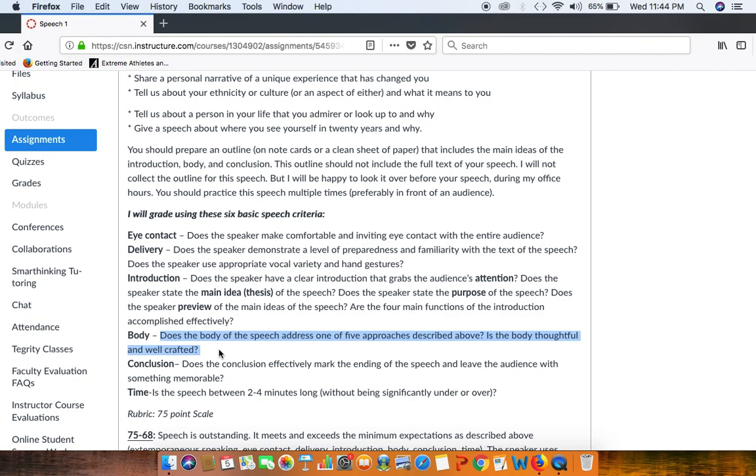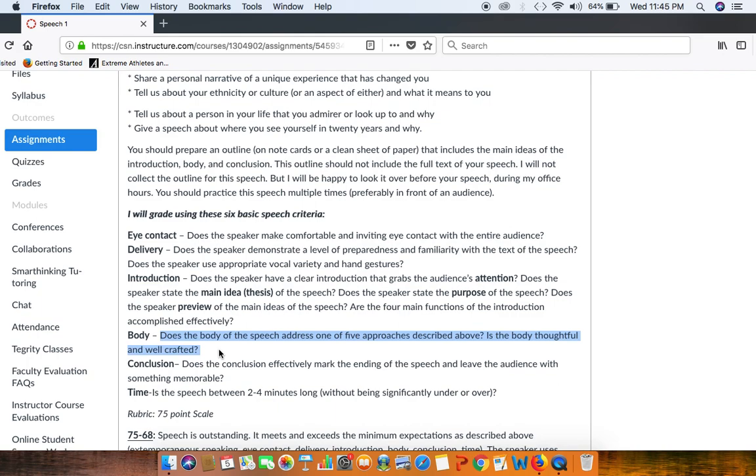This could also be sort of overtly organized. So, if I was talking about why I look up to someone, I could say, I look up to Michael Jordan because of what he did on the court, what he did off the court, and what he's done as a businessman.